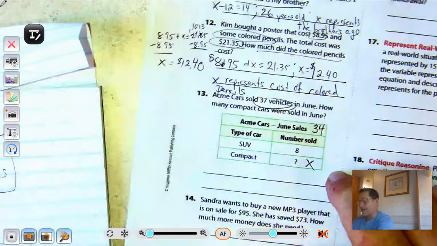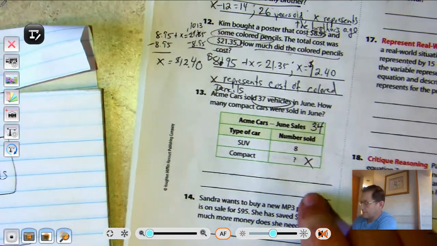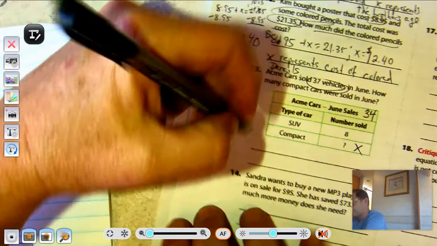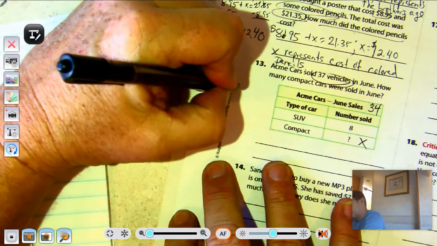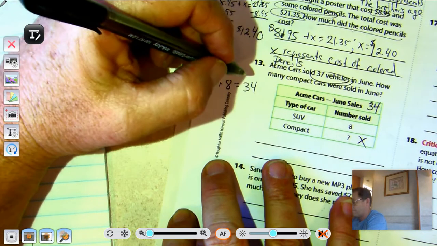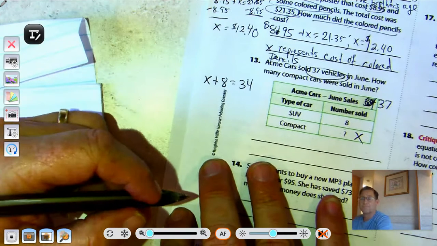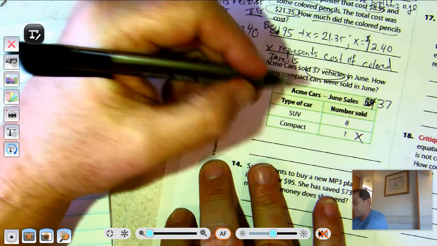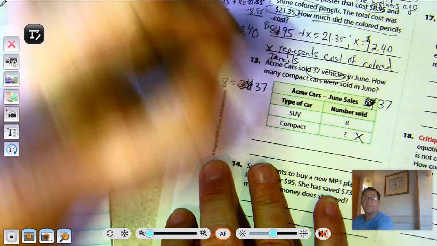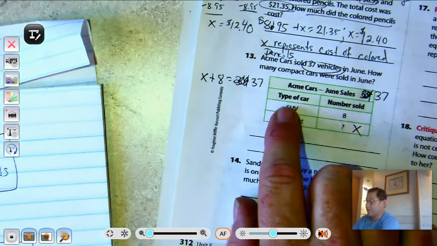Well, let's call that X. So X plus 8 is 34. Not 34. 37. It says 37. I don't know why I wrote 34. Anyway, I did it twice. X plus 8 equals 37.